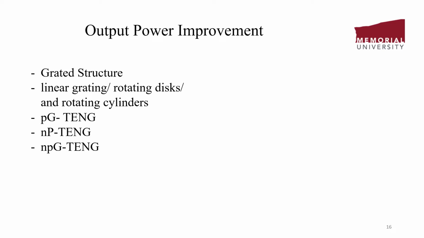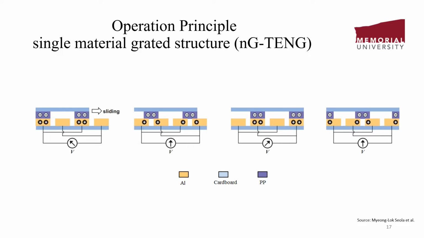We came across the grating structure. There are 3 different types of grating structure, like linear grating, rotating disc, and rotating cylinders. And there are single material, positive or negative grating trench, or there are 2 materials, complementary materials, grating structures.